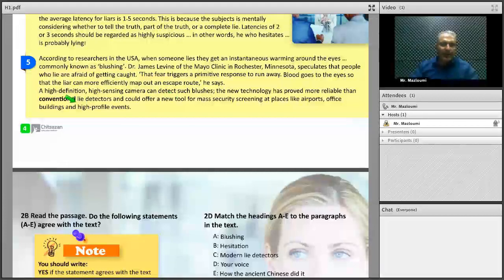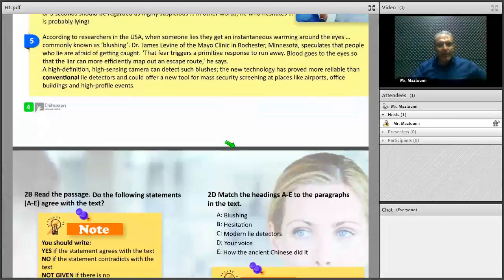An example of a high profile event can be, for example, the summit of presidents, or at the United Nations when there are some high profile meetings, gatherings. So they are using this technology in places like airports, office buildings, and high profile events to make sure everything is okay and to guarantee security.